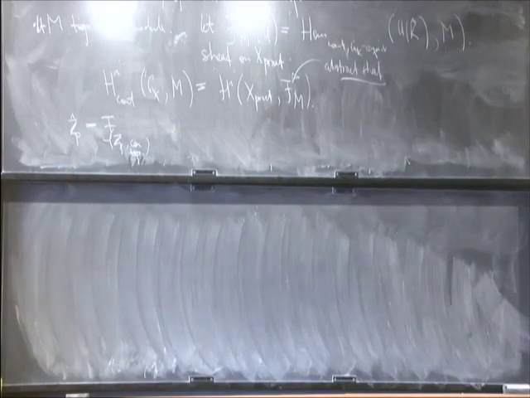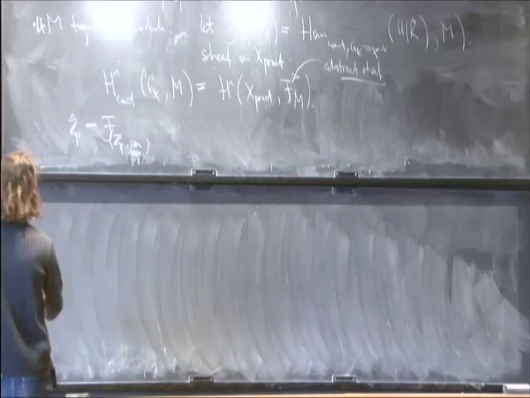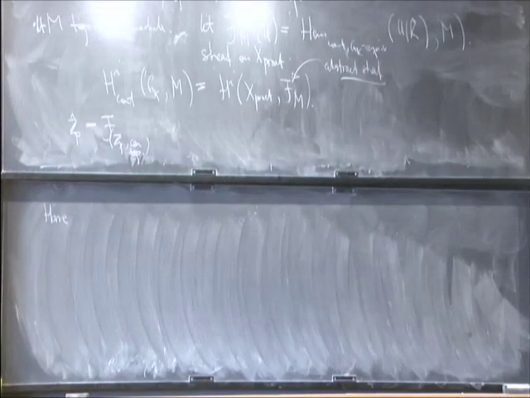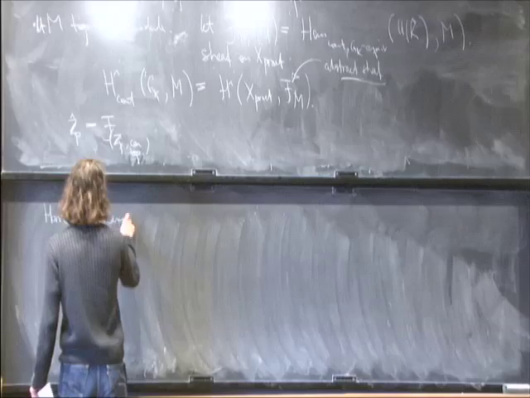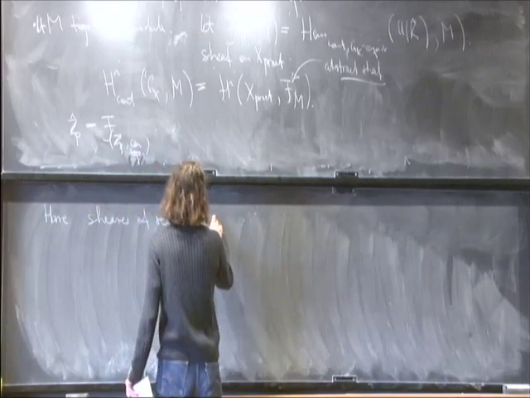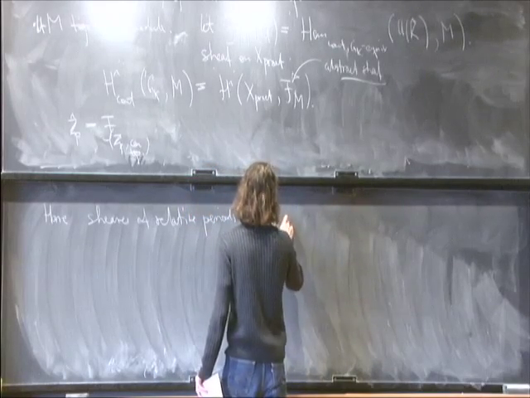Okay. So now let me come to the p-adic Hodge theory. What we can do is define the rings of relative periods as sheaves on the site. We have sheaves of relative periods on this pro-étale site.